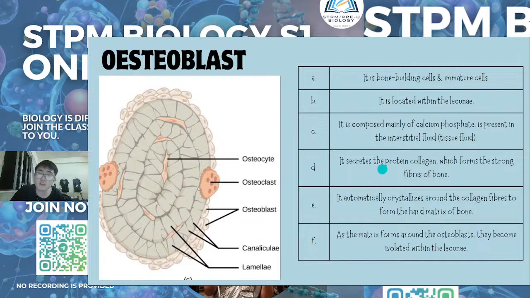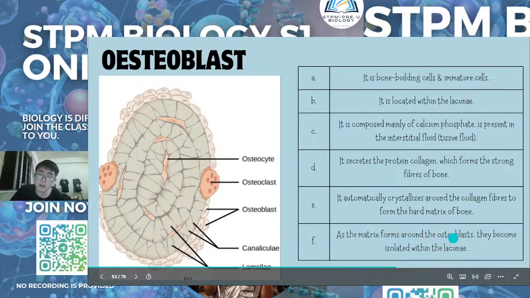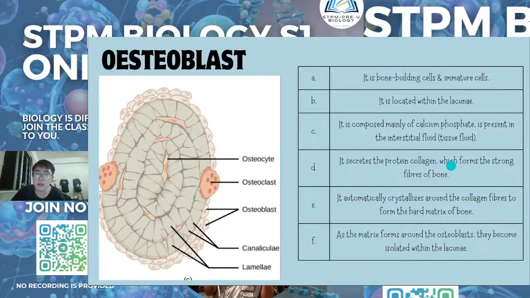The main function is to secrete the protein collagen, which forms the strong fiber of the bone, and it automatically crystallizes around the collagen fiber to form the hard matrix of the bone. As the matrix forms around the osteoblast, they become isolated within the lacuna. Okay, so the main function is to secrete the collagen fiber to make the bone harder.